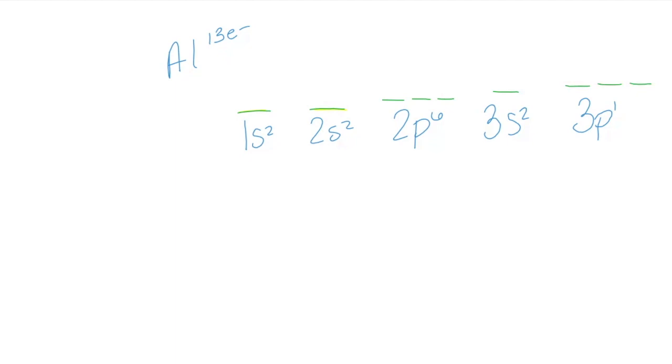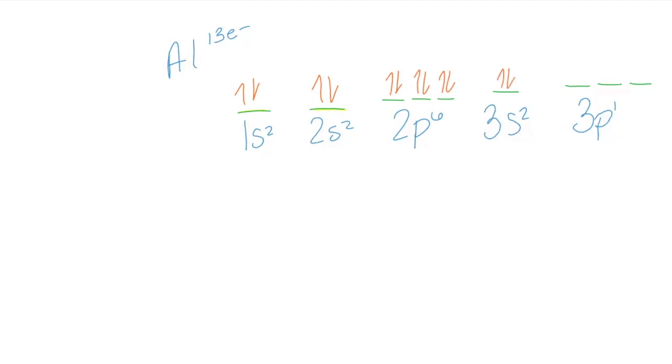So even if you think that you know what you're doing, pay attention up here and let's take a look at this. All right, 1s2, up, down. 2s2, up, down. 2p6, up, up, up, down, down, down. All right, that one's full. Let's move on to the next one, 3s2. I've plotted my 2.